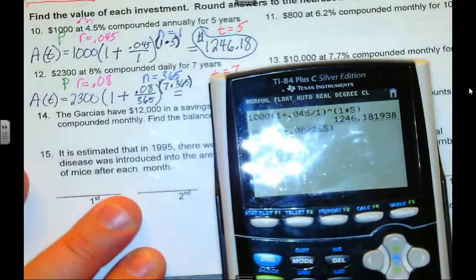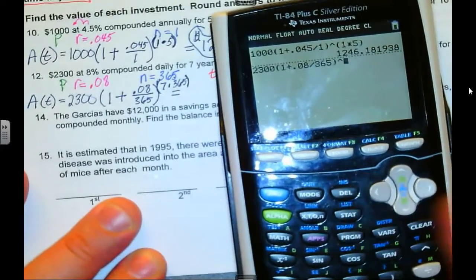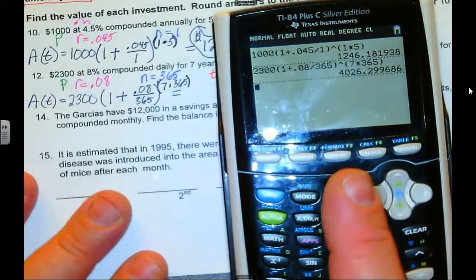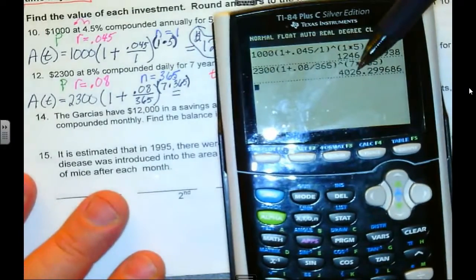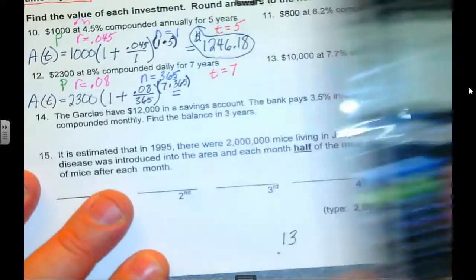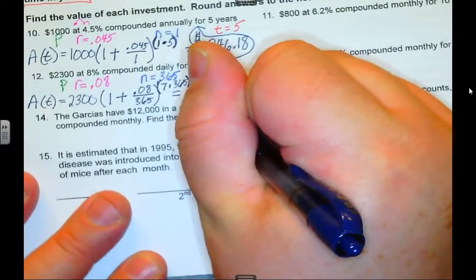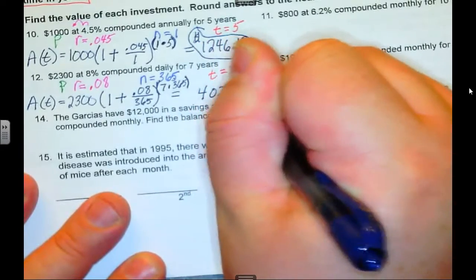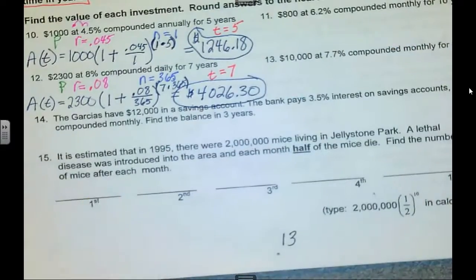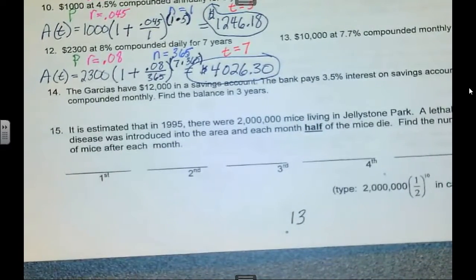Raised to the parenthesis 7 times 365, close the parenthesis, hit enter, and I'm going to end up paying $4,026, and I'm going to have to round this up now to 30. Step back, does it make sense? Well, yeah, at 8% daily rate. Yeah, I got to pay almost twice as much as I borrowed.